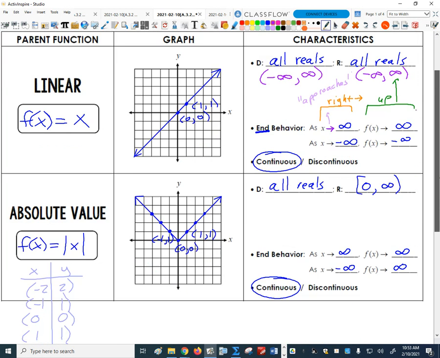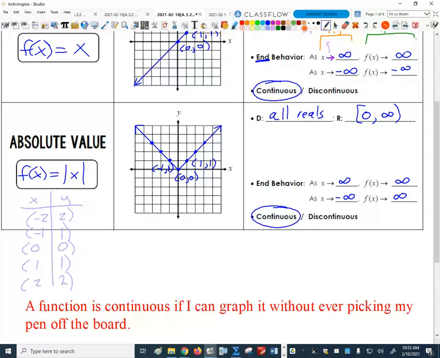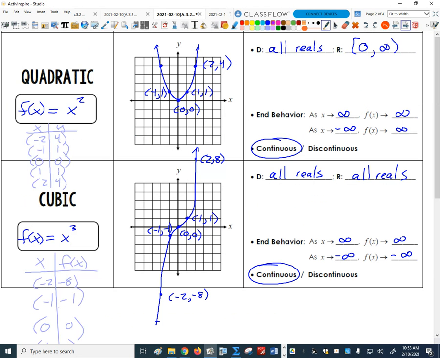Okay? And so same thing for absolute value here. The domain is all reals. The range wasn't, and we already wrote that using interval notation. Okay, but there's the domain of the absolute value function in interval notation. Quadratic, domain was all reals again.